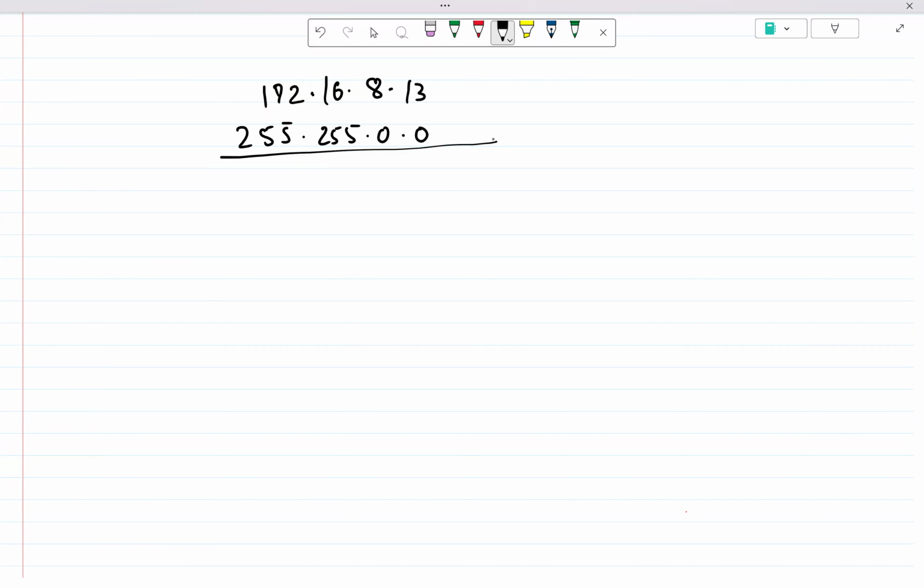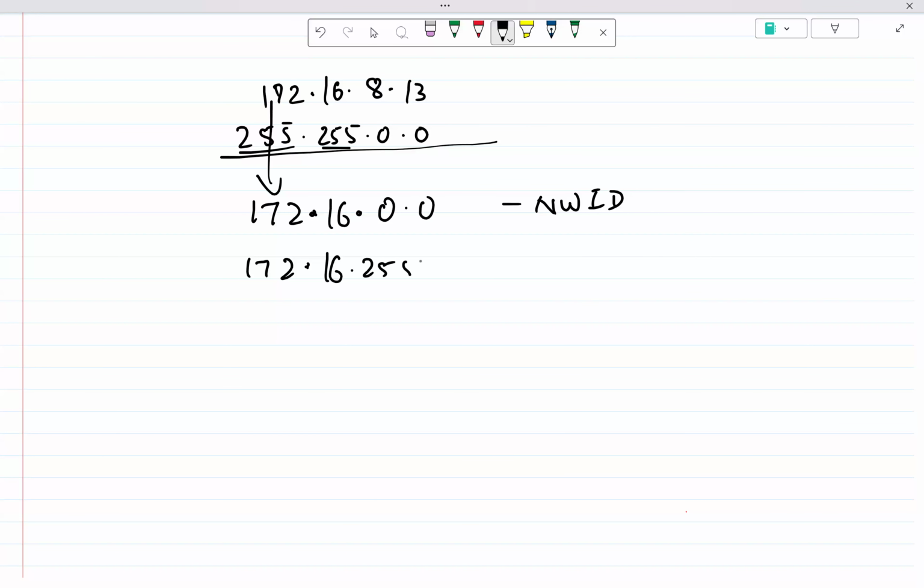If this is the address mask, we know how to find out the network ID. All we need to do is wherever there is 255, copy that value down as such, 172.16, and wherever there is 0, write down 0. So this becomes your network ID, right? Then the broadcast ID would be, convert these zeros to 255. This is your broadcast ID.